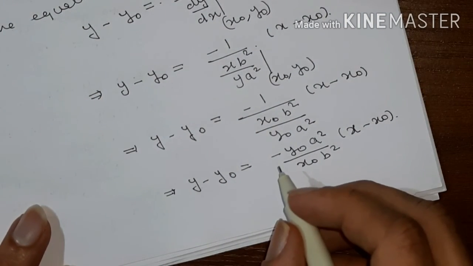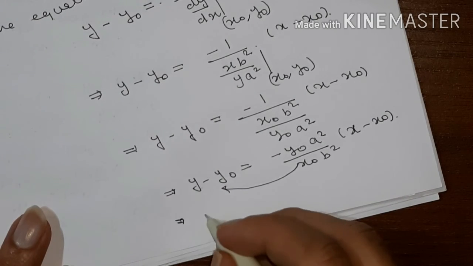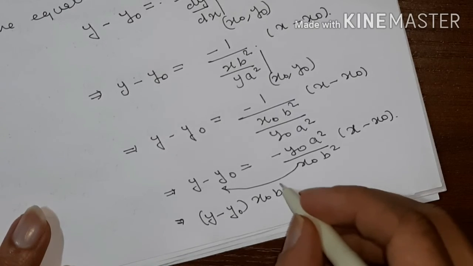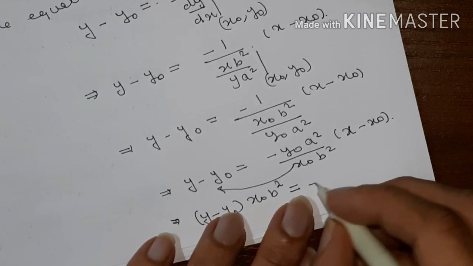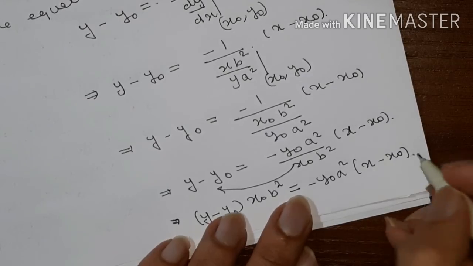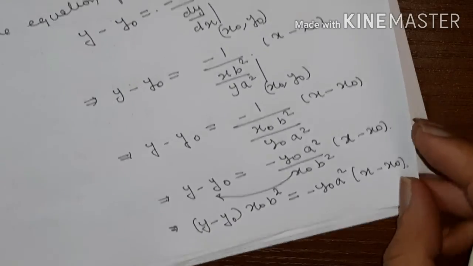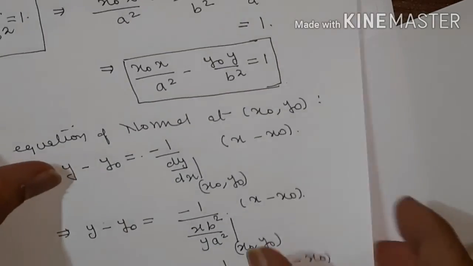Okay, now if we take x₀b² on this side, what we will get? (y − y₀) multiplied by x₀b² is equal to −y₀a²(x − x₀). Okay, so now if we simplify this, what we get? Let us see.